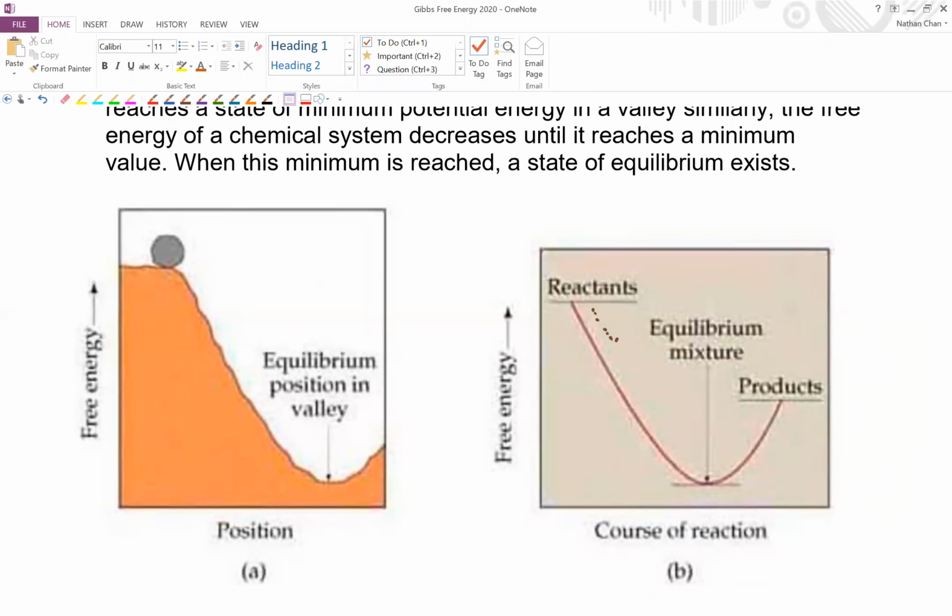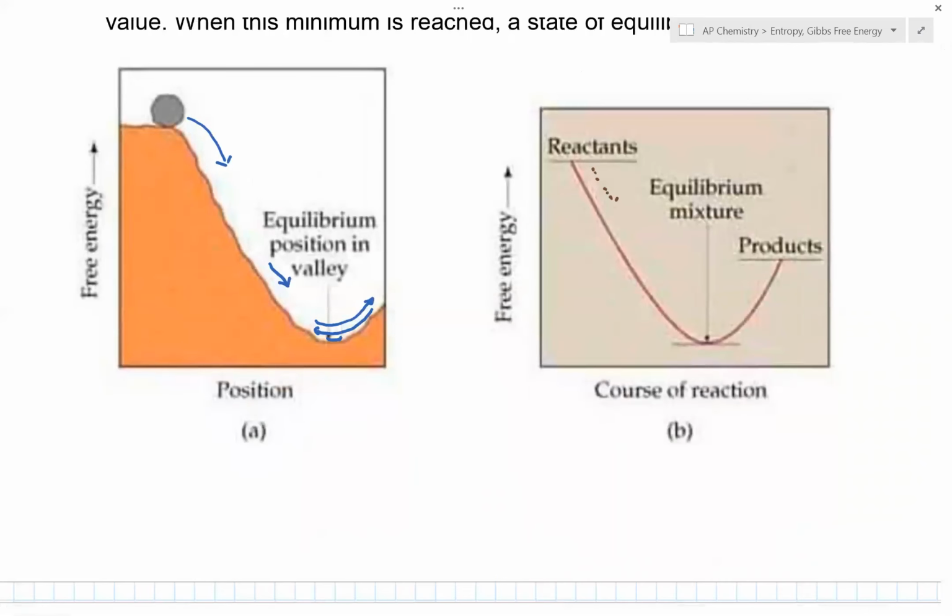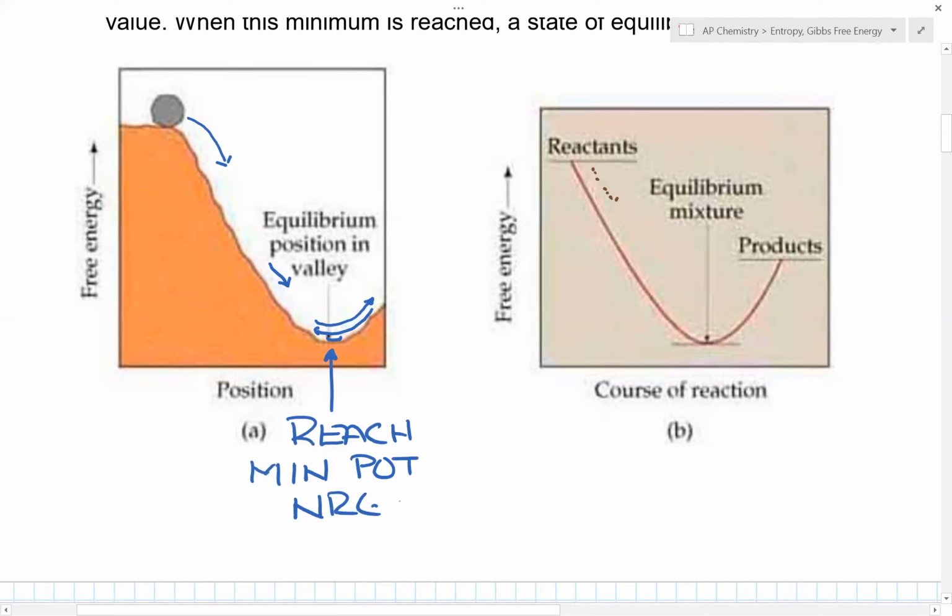So let's say you were to push a boulder over a cliff. It will keep on going, go up the other side, then come back down, and keep going back and forth until it has reached minimum potential energy. Same thing for a reaction.